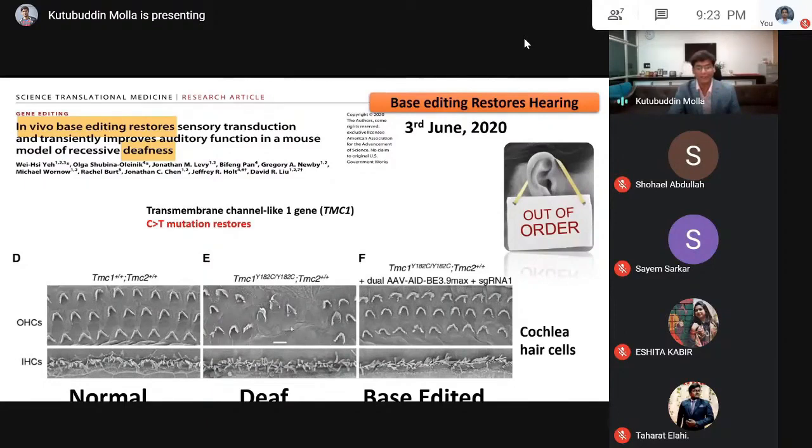But you can see this is the deaf cochlea hair cells from the deaf mouse, but when it is treated with the base editors, it has almost been corrected, and it got its hearing back. So this is very exciting news. This came out a few days ago with base editing.